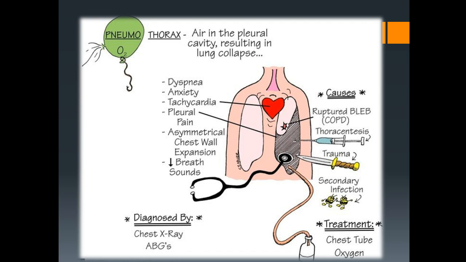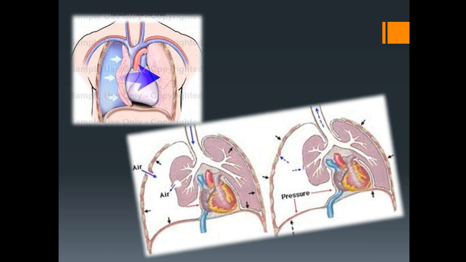Here there is limitation of movement of the lung. There is hyper-resonance in tension pneumothorax, while in cardiac tamponade it is bilateral. When you put your stethoscope, air entry will be diminished in tension pneumothorax, while in cardiac tamponade there is equal air entry, but there are muffled heart sounds, hypotension, and tachycardia.